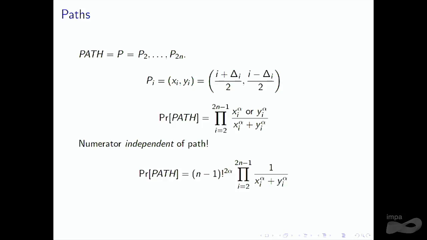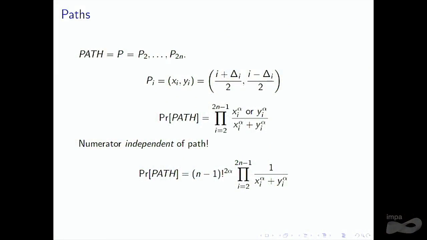But one thing helps us, the numerator. No matter what path you take from (1,1) to (n,n), the x_i range from 1 to n minus 1, and the y_i range from 1 to n minus 1. We don't know in what order, so the product of the numerators is going to be (n minus 1) factorial to the 2 alpha, regardless of the path. And so what we're left with is the denominator, which does depend on the path.